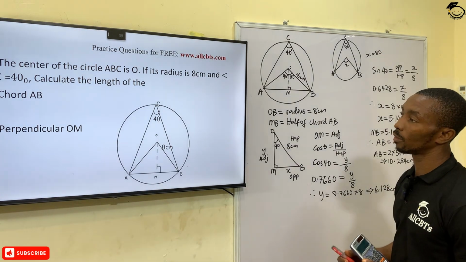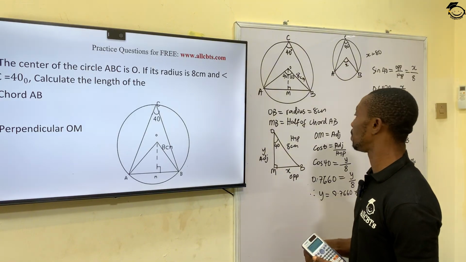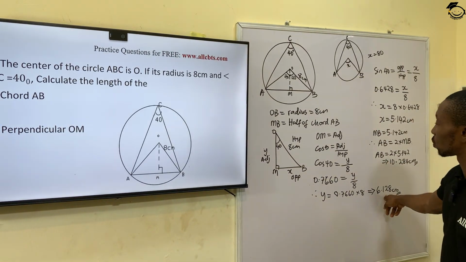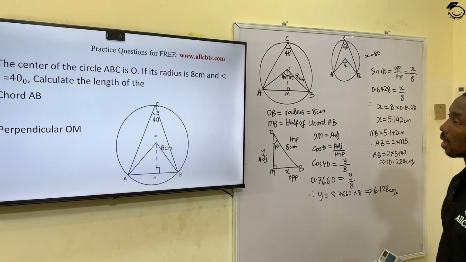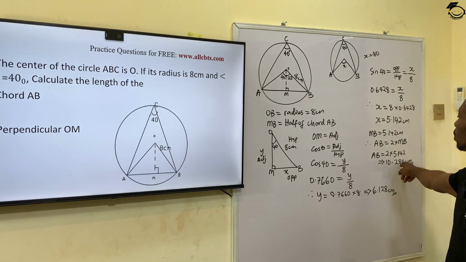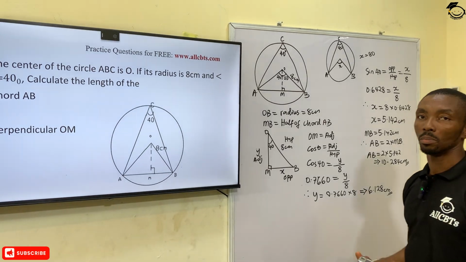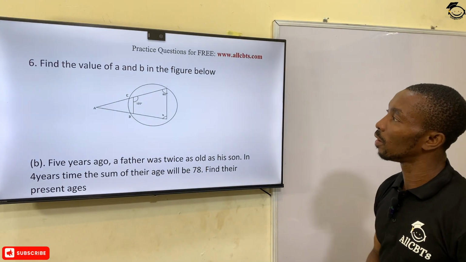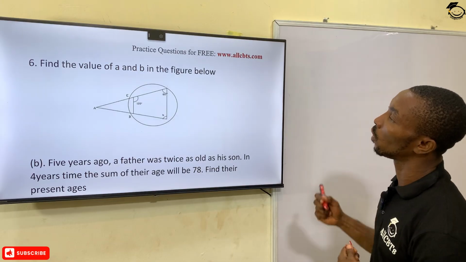So the value of the perpendicular OM is 6.128 and our chord AB is 10.284 centimeters.